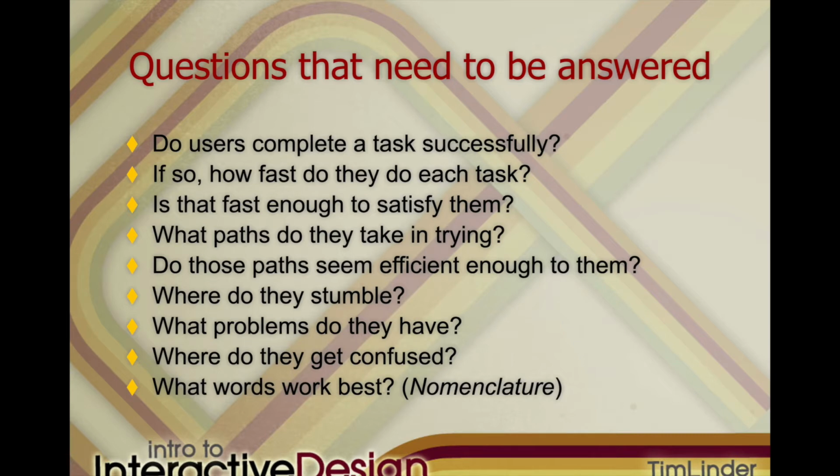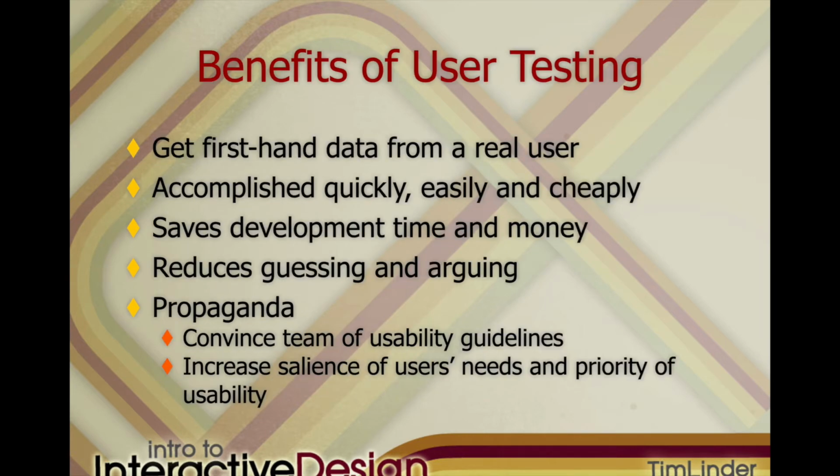Did they have to click around a bunch and find a bunch of different navigation paths before they actually got where they needed to be? Or are the paths that they followed efficient enough? What are the stumbling points where they have trouble with the interface? What problems do they have? And where do they get confused? Also, copy is a big part of usability, so what words work best in describing how to use an interface?